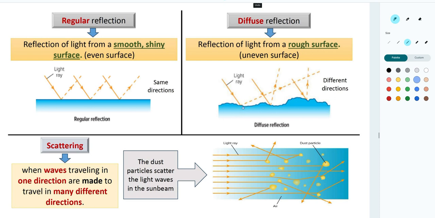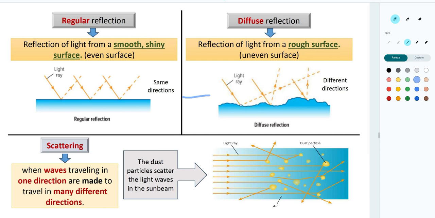The difference is, at any given spot, the normal is going to be different. So because this is not a smooth, flat surface, its 90 degrees will look different at each spot. I hope that makes sense.